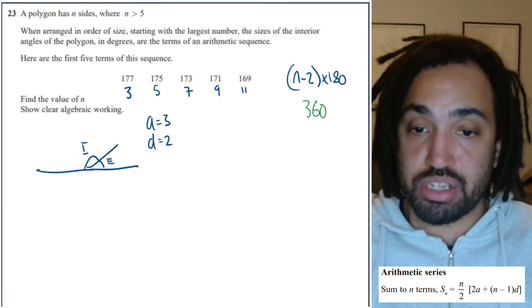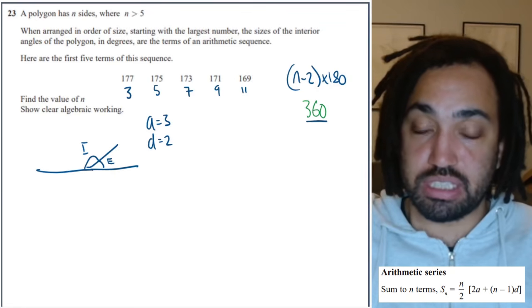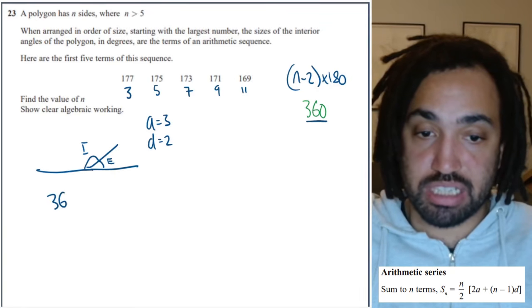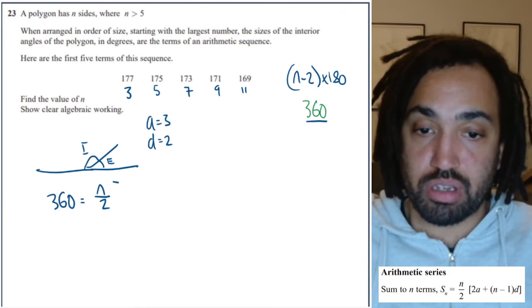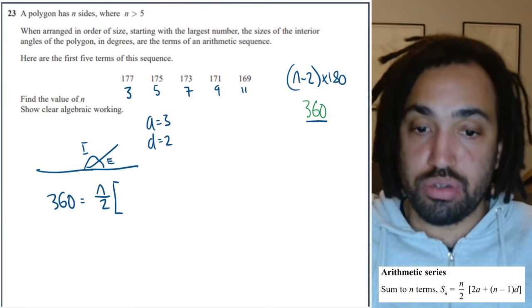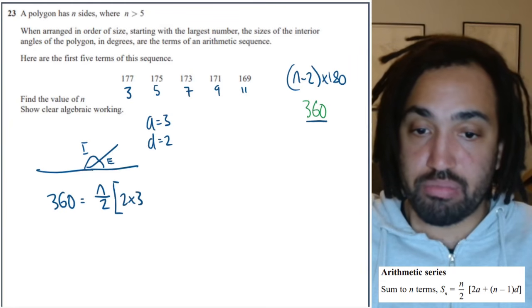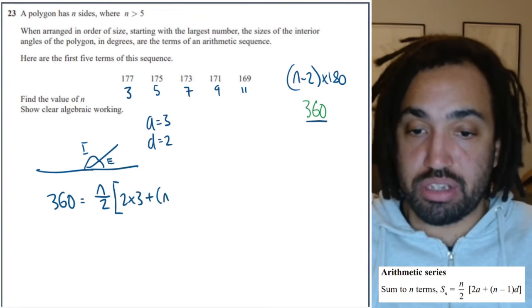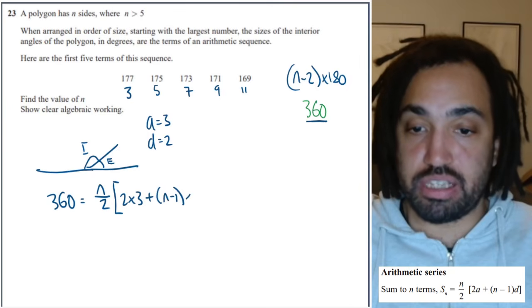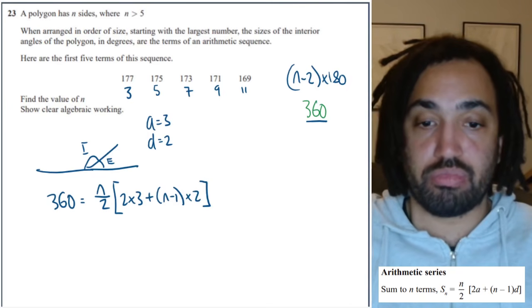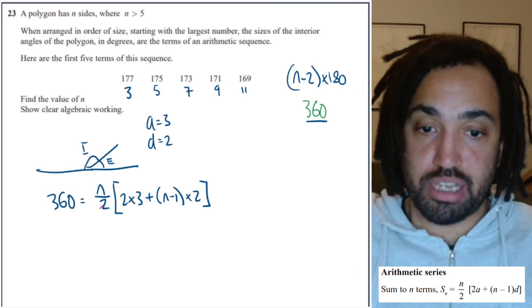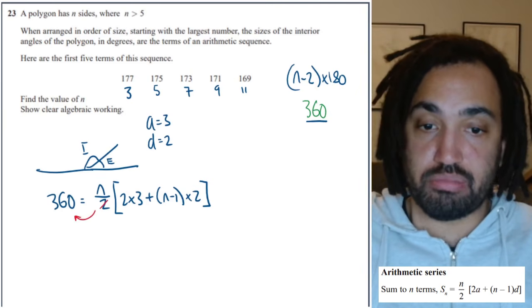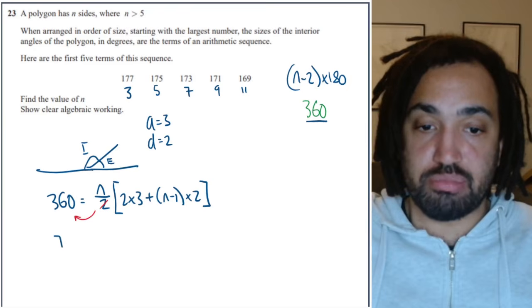So what's the summation formula? Because we know they must add up to 360. So it will be 360 is equal to n over 2, open brackets, 2 times the first term, which is 3, plus n minus 1 times by the difference, which is 2. Okay, let's simplify. I'm going to get rid of this divide by 2 here by multiplying it to the other side, which is going to give me 720 is equal to n.